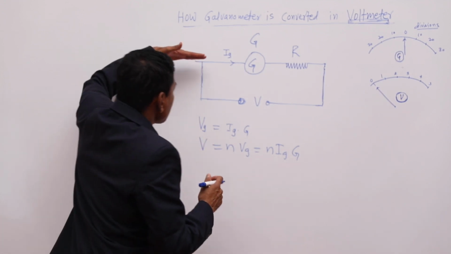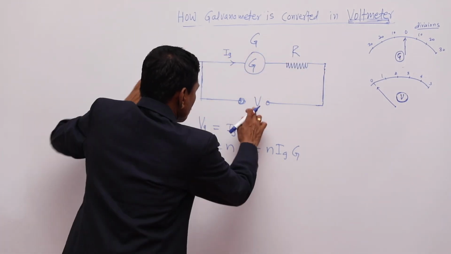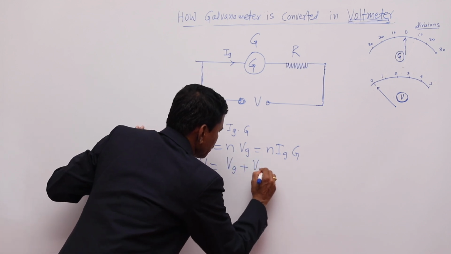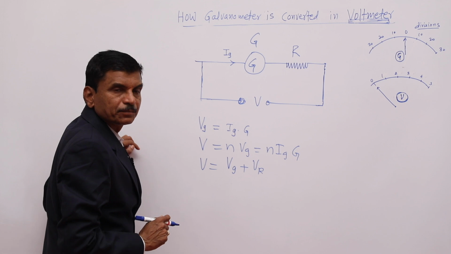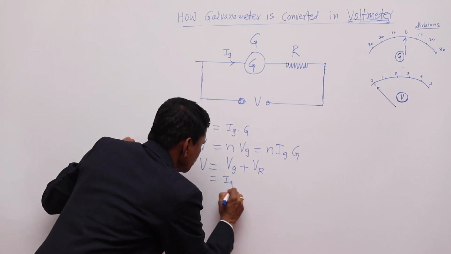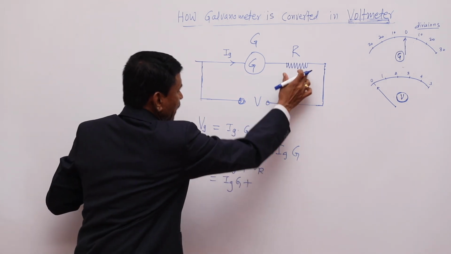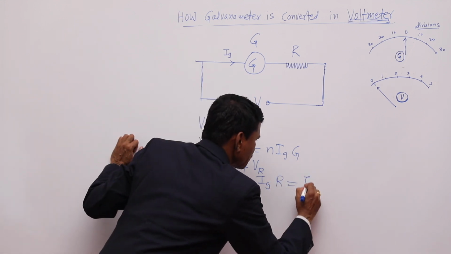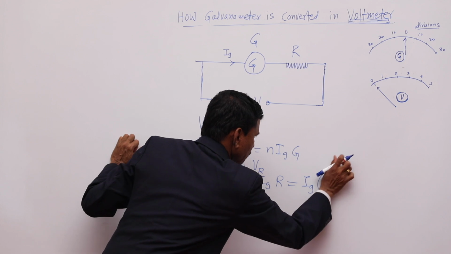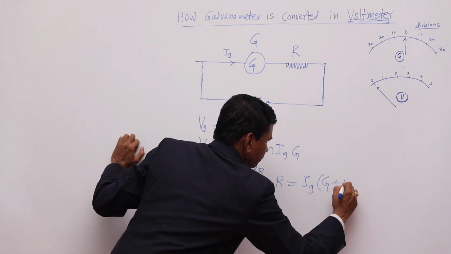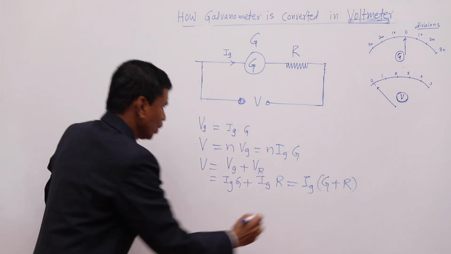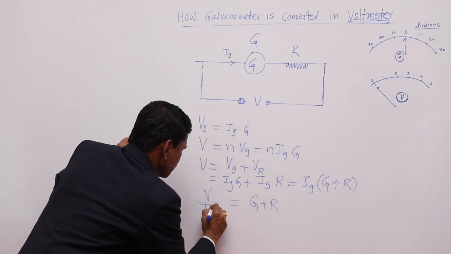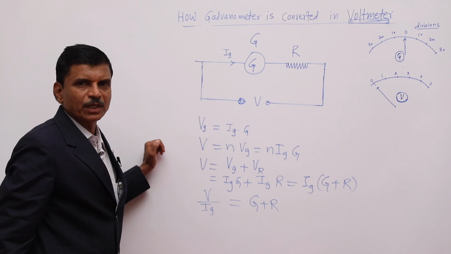Okay. So the same current Ig is flowing here. So the total voltage can be written as the voltage across G plus the voltage across R. And this has the value Ig into G and this Ig into R. So if Ig is taken common, it will be equal to G plus R. So V equals Ig times (G plus R), so G plus R will have the value V upon Ig. Okay.